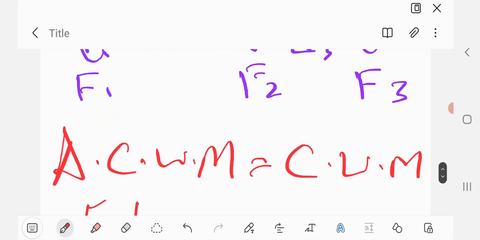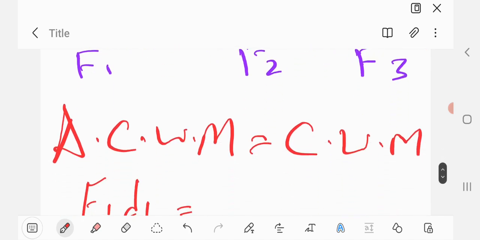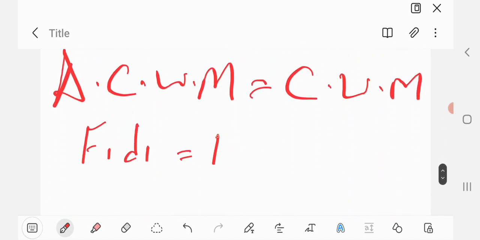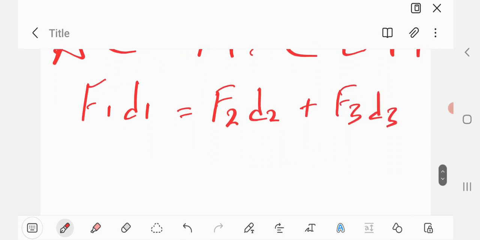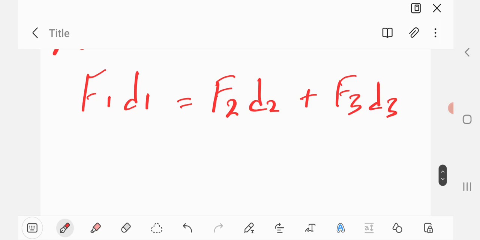F1 is responsible at this time, so I'm going to write F1 D1 as the anti-clockwise moment, and for the clockwise moment, the two forces F2 and F3. For F2 the moment is F2 D2, for F3 the moment is F3 D3. So this is the formula for the principle of moments.